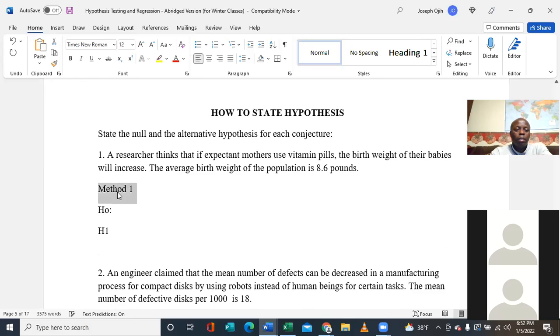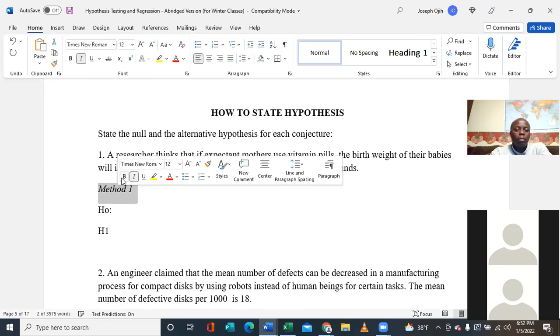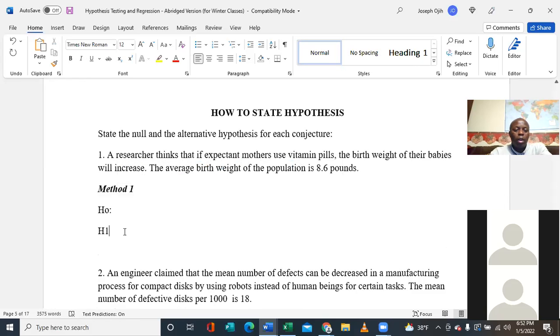Now, he thinks that the birth weight will increase. Increase means greater than, and you can only use the greater than symbol in H1. So you state that one first, because you can only use the greater than symbol in H1.